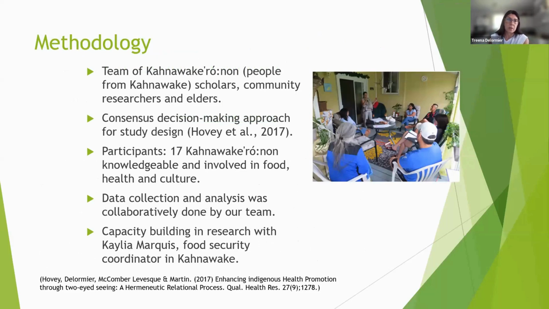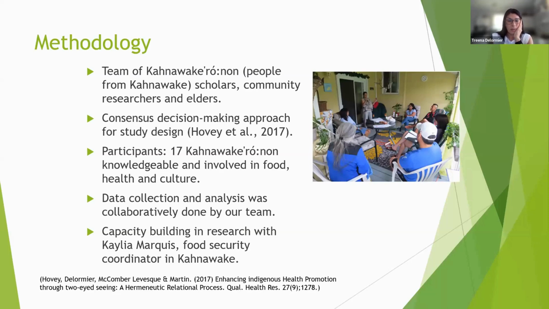I talked about already who the team was. In the study itself, we interviewed 17 people from our community, who we identified as being knowledgeable in food, health, and culture. The data collection and analysis was done collaboratively by the team that you see here. Here we're sitting on the porch of somebody's house and discussing what we were finding.